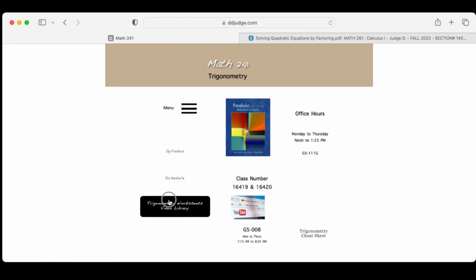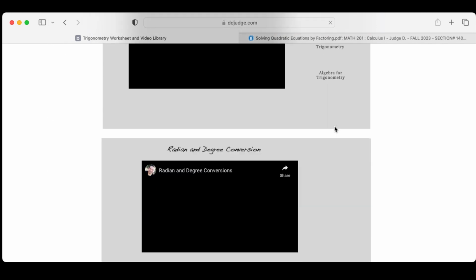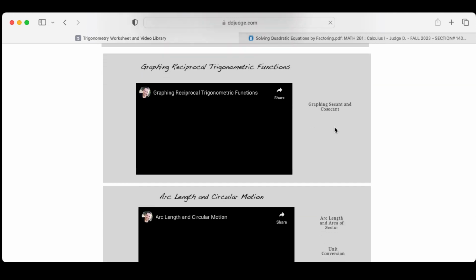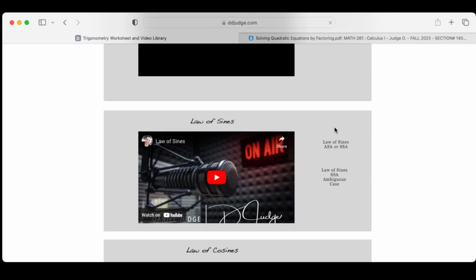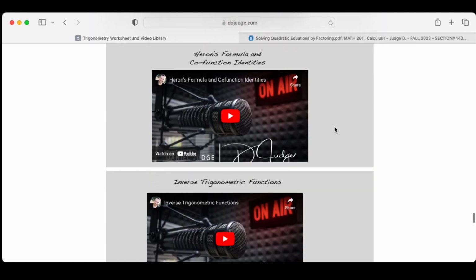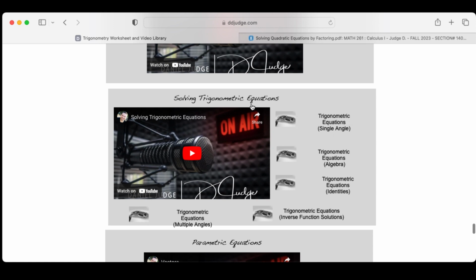So, ladies and gentlemen, I got trig, libraries of resources. I'm still doing a lot of trig resources. So, there's trig equations here for you guys, okay? Solving trig equations. Look at all this. I would say go right here. Single angle trig equations here.